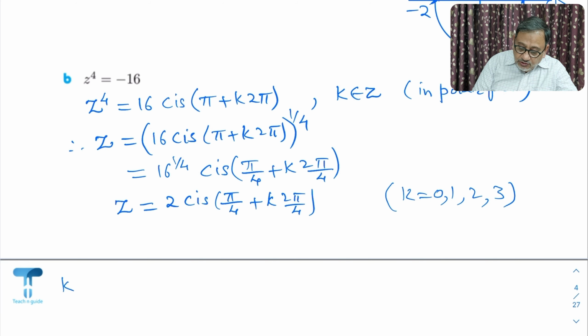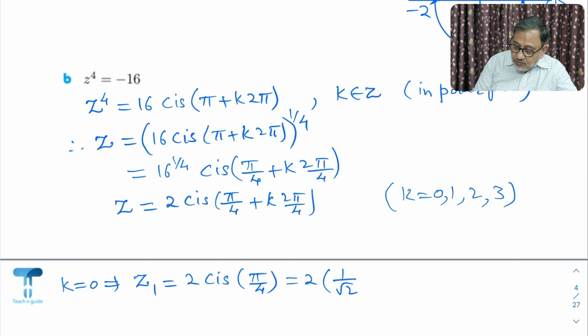So k is equal to 0 implies your first root will be 2 cis pi by 4 only, because k is 0, and we know that cis pi by 4 is 1 by root 2 plus i into 1 by root 2. When you multiply by 2, it is going to give us root 2 plus root 2i.